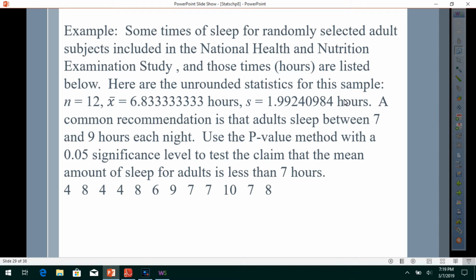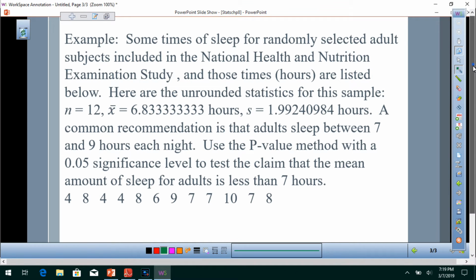Standard deviation s is 1.9924094 hours. A common recommendation is that adults sleep between 7 and 9 hours each night. Use the p-value method with a 0.05 significance level to test the claim that the mean amount of sleep for adults is less than 7 hours.